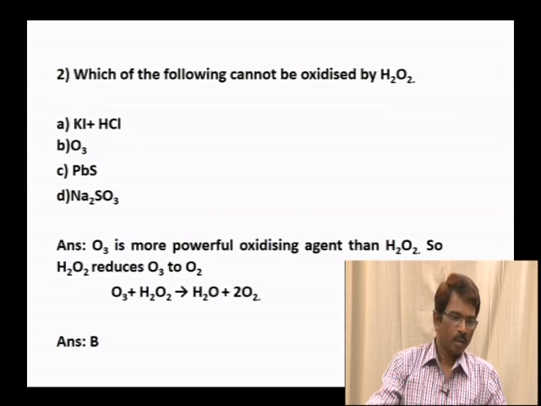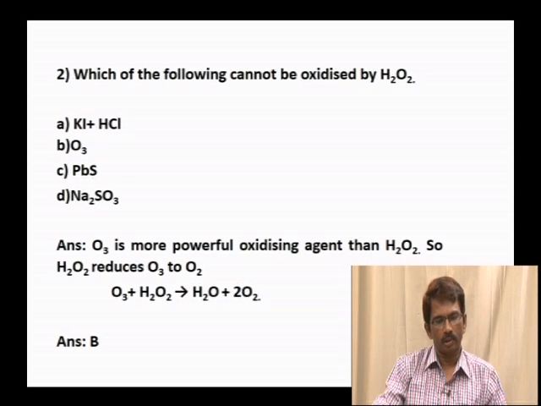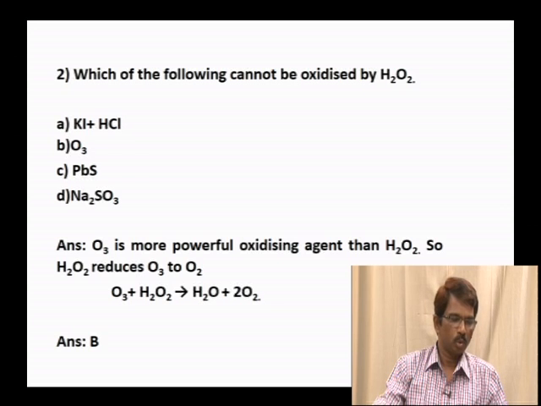Then question number 2: which of the following cannot be oxidized by H2O2? Option A, KI plus HCl, option B, O3, option C, PbS, lead sulfide, option D, sodium sulfite. H2O2, as I said, on decomposition liberates oxygen, hence it acts as an oxidizing agent.